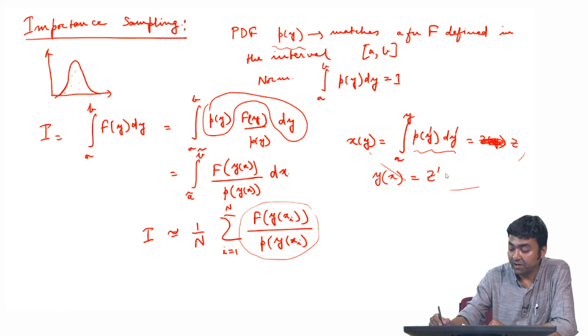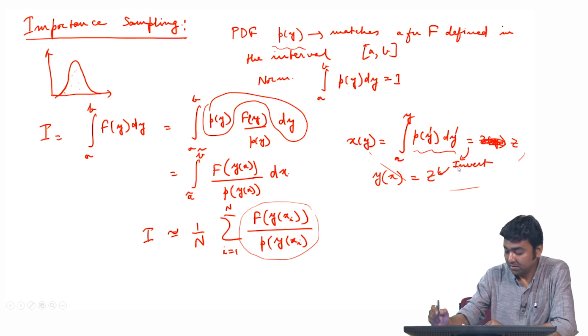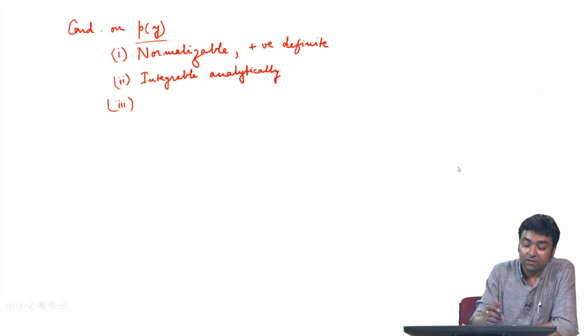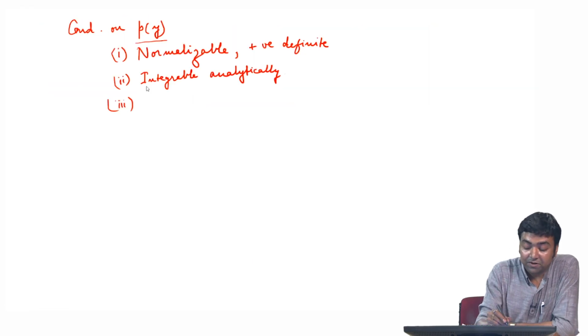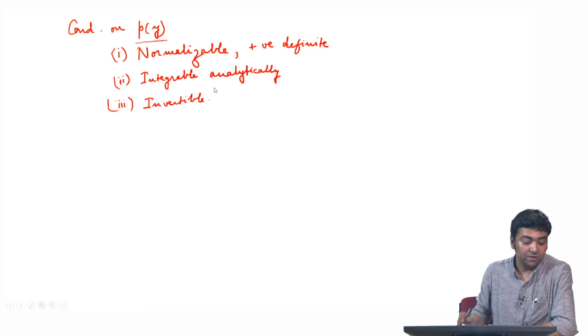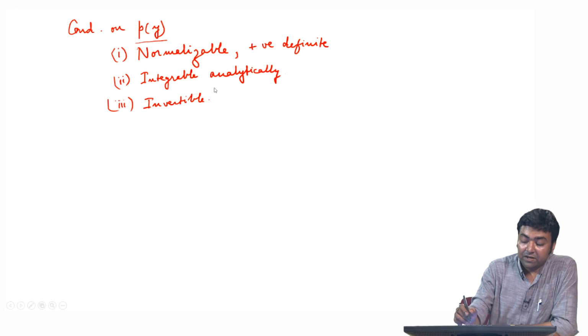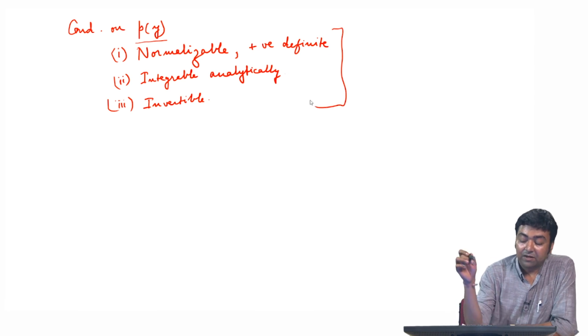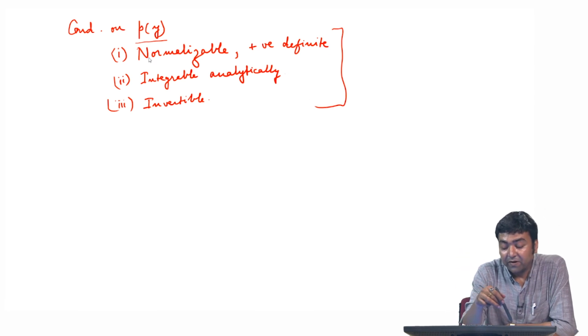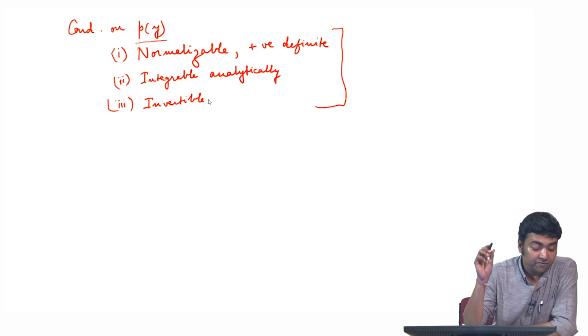So, I invert this and I get this. So, in addition to these two conditions, it should be invertible. These are very strict conditions, and in most cases it is very difficult to satisfy all three, particularly the analytically integrable and the invertible ones.